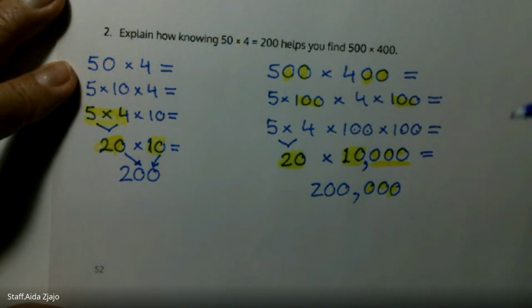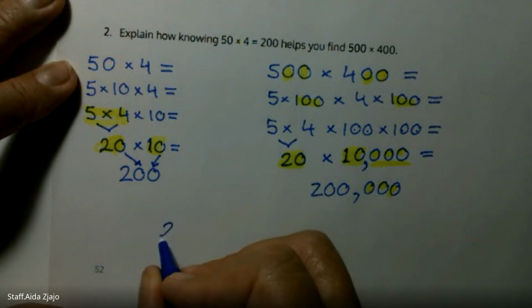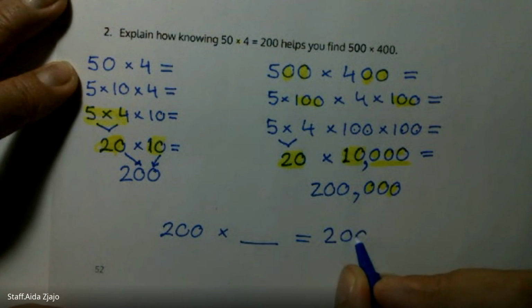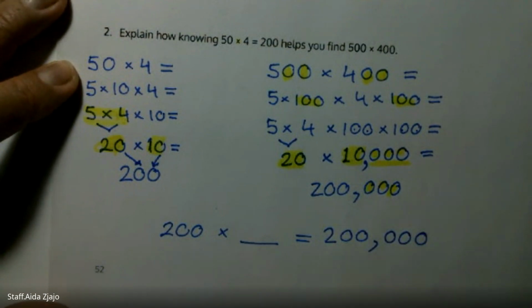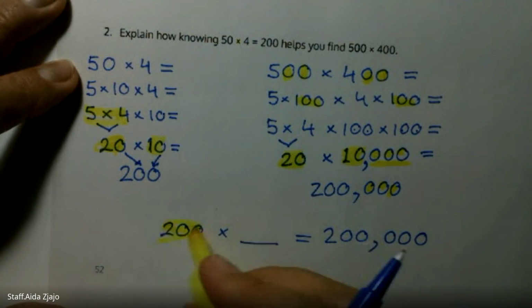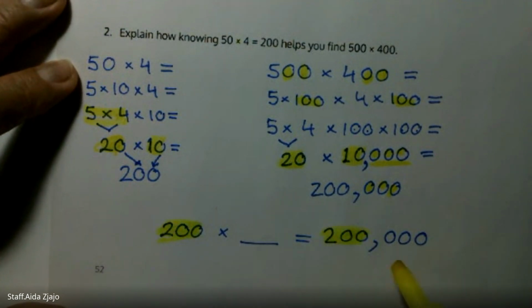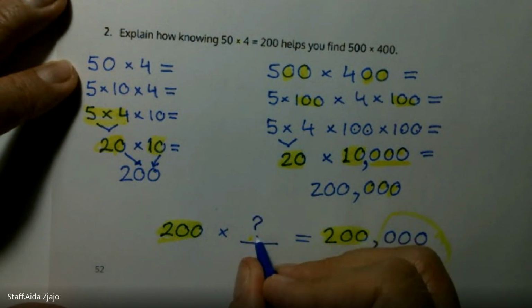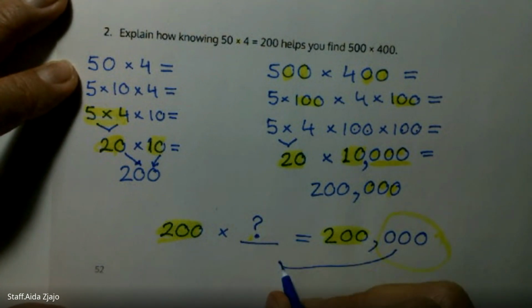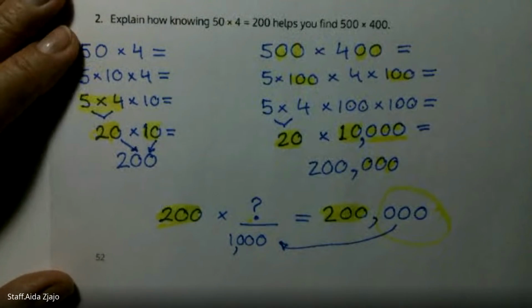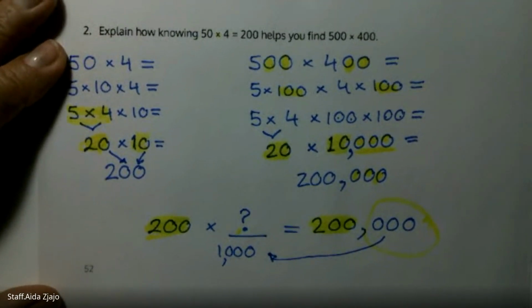So if you think about 200 times what equals 200,000, you can see that the digits 200 are the same as this. So what is missing is the 3 zeros, a missing number of 1,000. So here is the missing number, and that is 1,000. It's just additional for you to know.